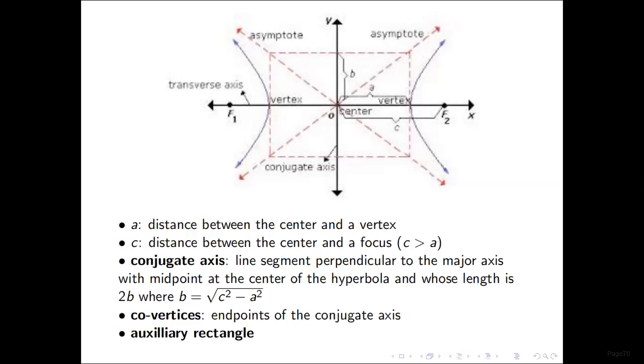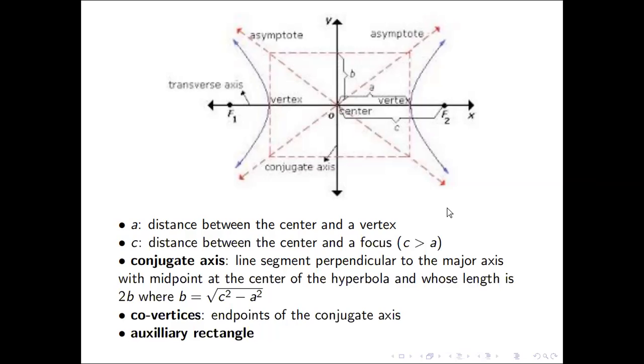Now, what is the auxiliary rectangle? The auxiliary rectangle is used to help us sketch the hyperbola. Once we have drawn the auxiliary rectangle, we just draw the lines that contain the diagonals of that rectangle, and we make the hyperbola asymptotic to those lines. That's why they're called asymptotes.